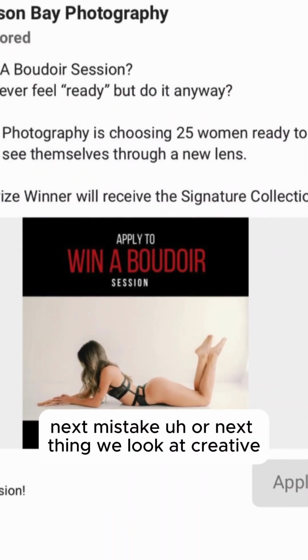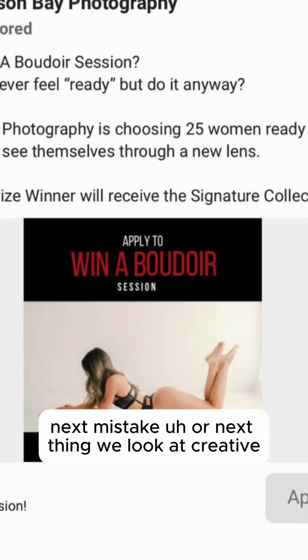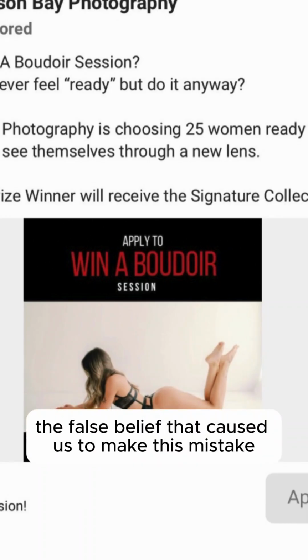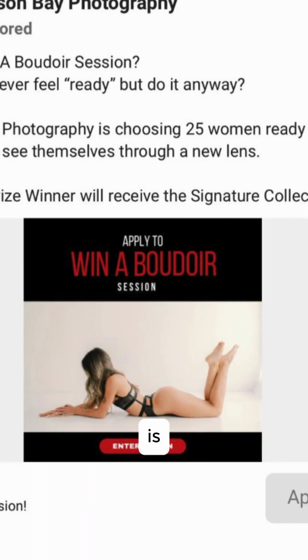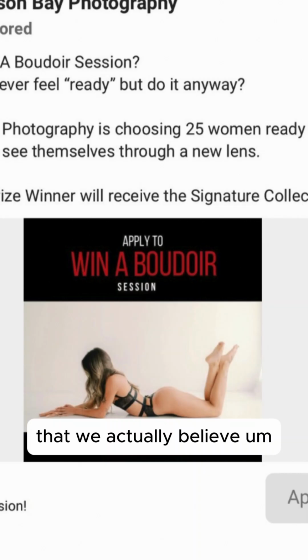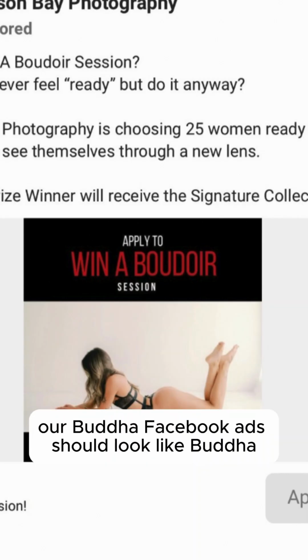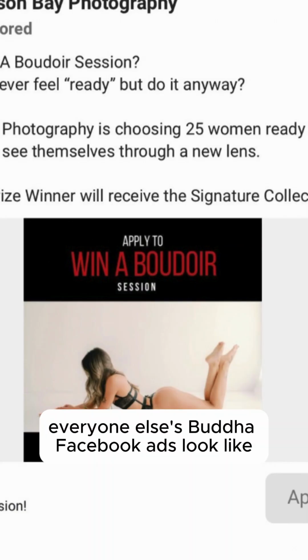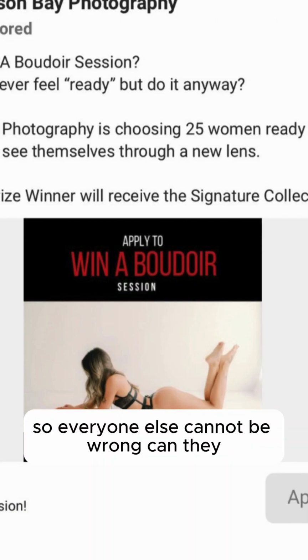Next mistake, or next thing we look at, creative. We've got the looks like an ad mistake here. The false belief that caused us to make this mistake is that we actually believe our Boudoir Facebook ads should look like Boudoir Facebook ads because that's what everyone else's Boudoir Facebook ads look like, so everyone else cannot be wrong. Can they?